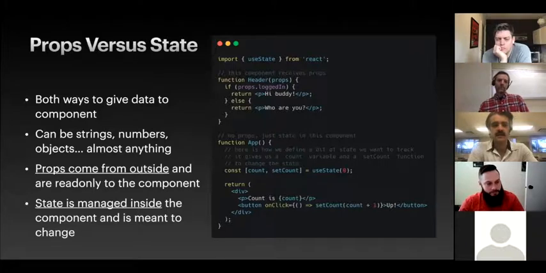State is managed inside a component and is meant to change. Our apps aren't static. They don't just sit there. You need to be able to interact with them, and that is where state comes in. The important thing about state is that it's encapsulated.